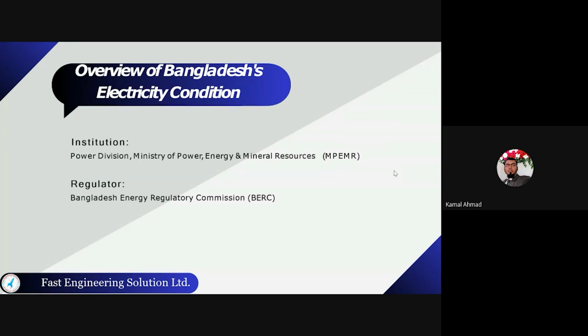This regulatory commission is setting the price for the independent power producers and the captive power producers also, which is our main topic today. And I will cover captive power generation in Bangladesh for the industry sector and the scenario of captive power generation in Bangladesh right now.